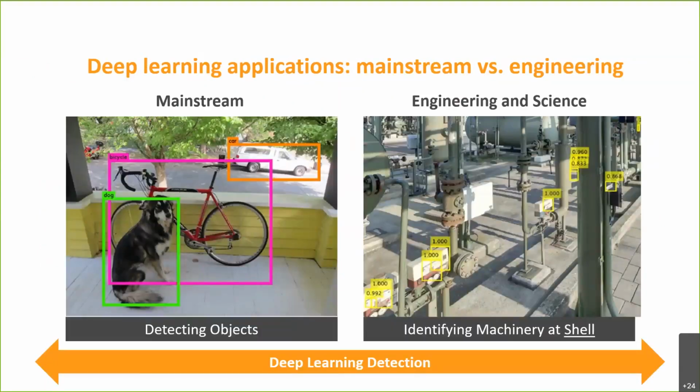You may also have heard of some other mainstream applications of deep learning, but how many of them would you consider applicable to the engineering and science domains? One such example is deep learning object detection, where a trained deep learning detector will scan an image or video frame for certain objects. It not only finds if the object is in the image, but also draws a bounding box around the object as well.